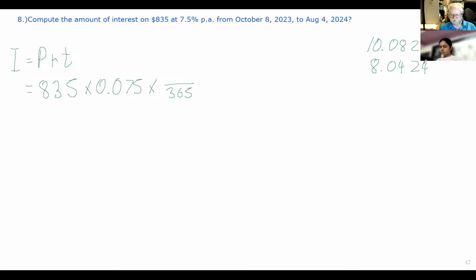Second date 10.0823, enter, down, 8.0424, enter, down, compute. And I also am getting 301 days on the BA2 Plus.